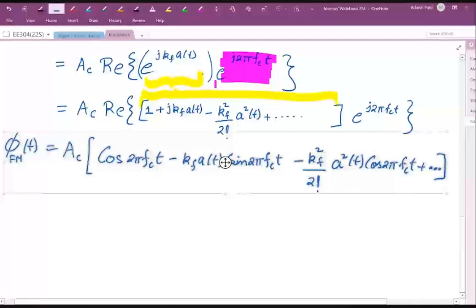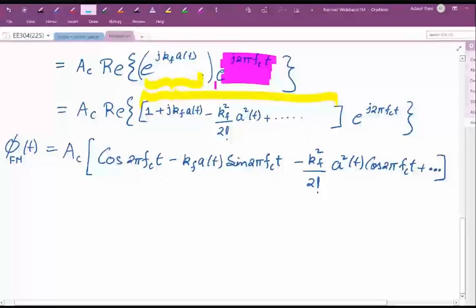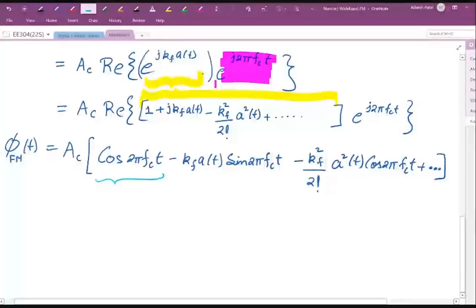They have a very strong resemblance with our known signals. If I see the first term, this is exactly the carrier signal. Yes or no? This is the unmodulated carrier.